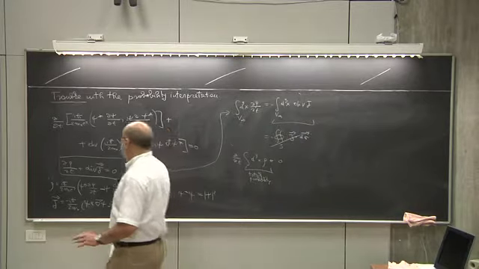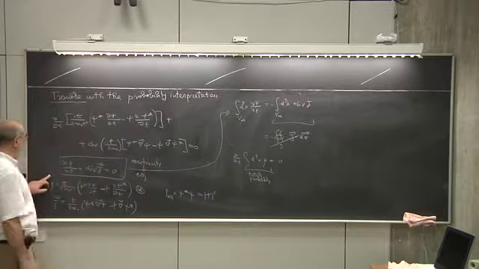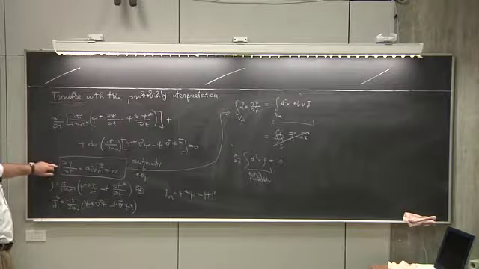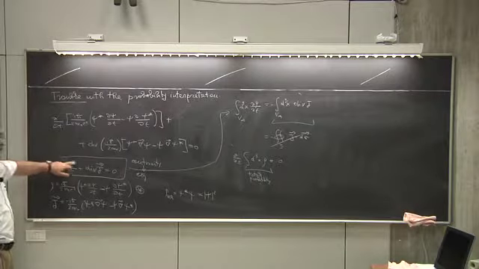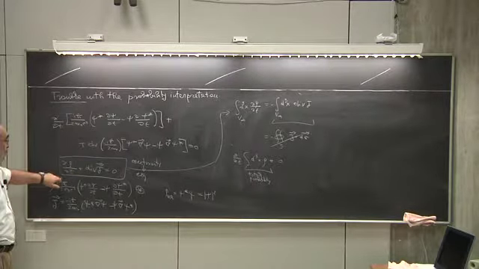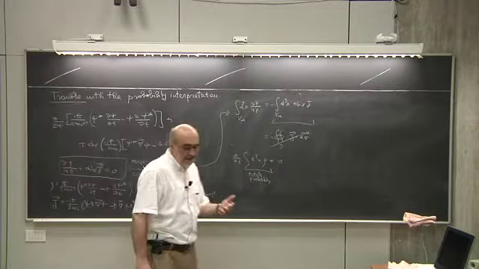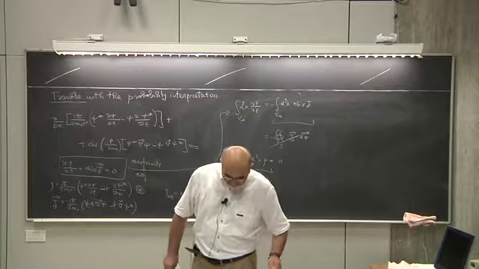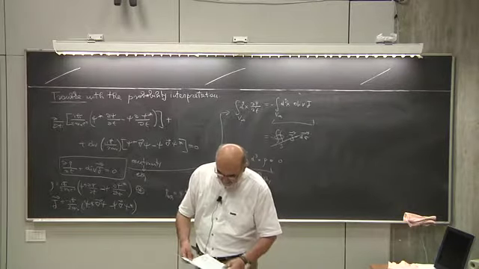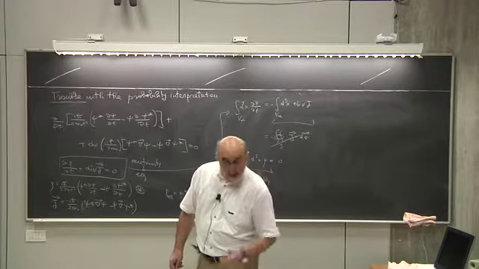What is really a problem is that we cannot give a probability interpretation to the temporal part of the continuity equation that we derive, this rho. This is a very troublesome thing.